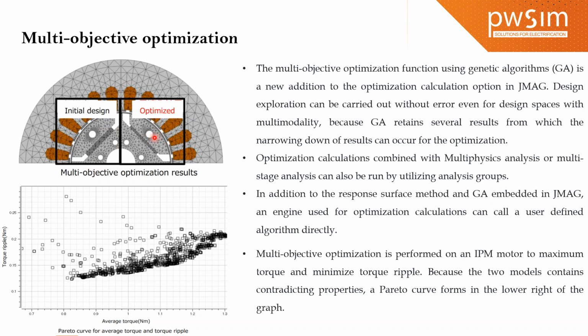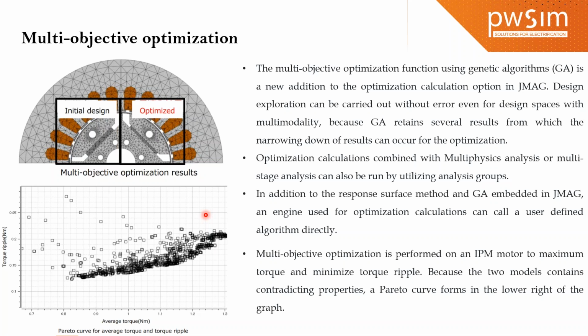So for these various shapes, for a given defined objective condition, that is increase the average torque and minimize the torque ripple in the multi-objective optimization, we can select the best operating point in a Pareto curve of so many cases which are generated during the calculation.